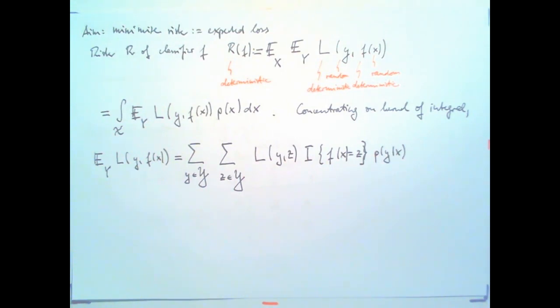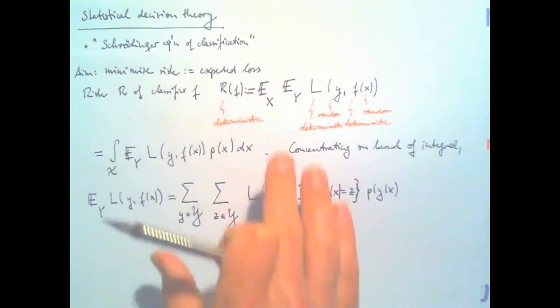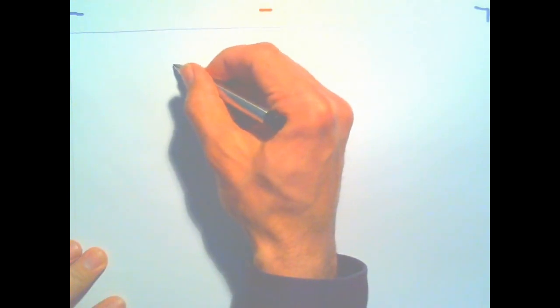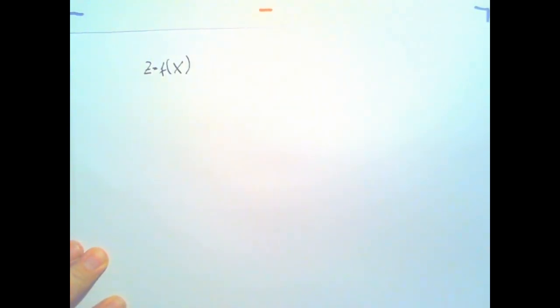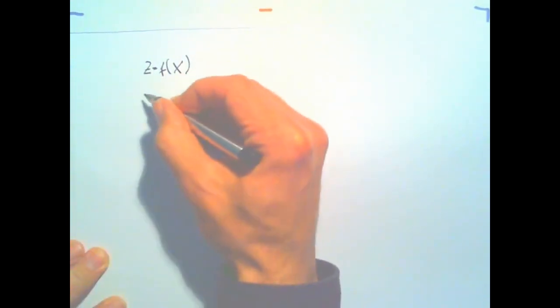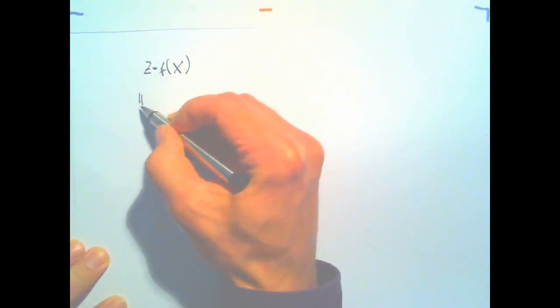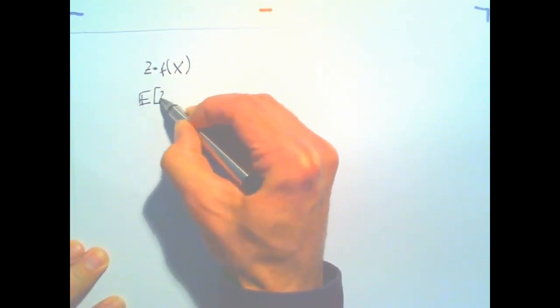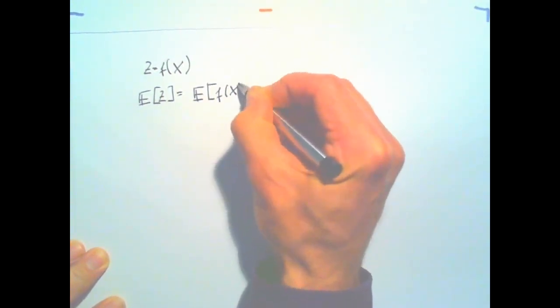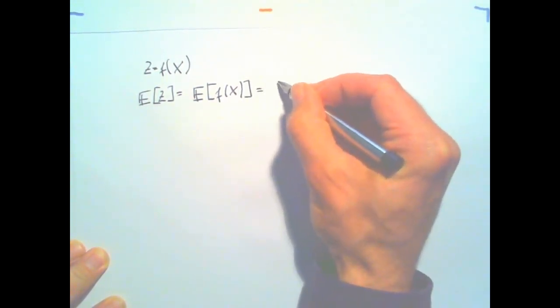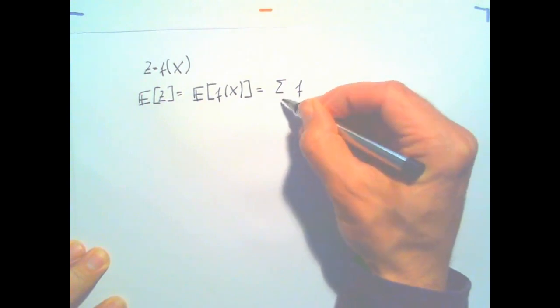And if I now transform a random variable by taking a deterministic function, so let's say I have some random variable x, and I define a new random variable z by taking this function, then I can say that the expectation of z is the expectation of f of x, which in the discrete case would be the sum over all possible values xi.